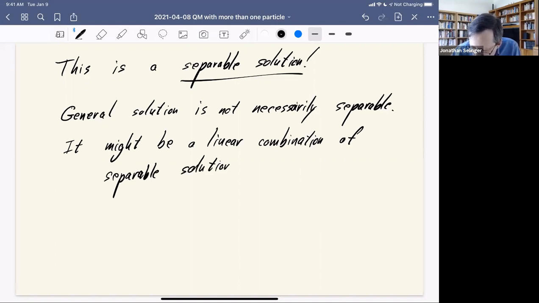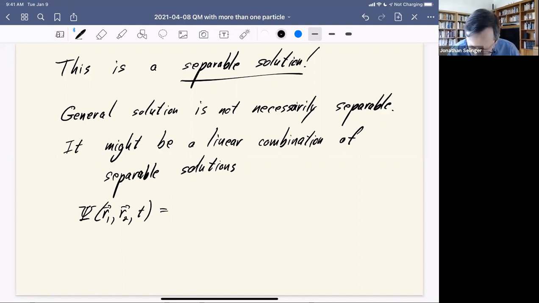So what that might look like would be psi as a function of R1, R2 and time. Okay, so it might be one separable solution with a coefficient times another separable solution with another coefficient.